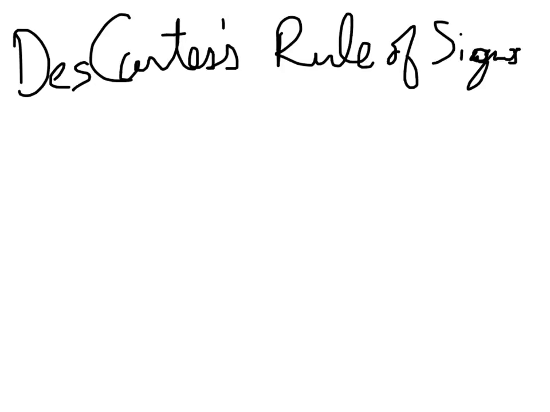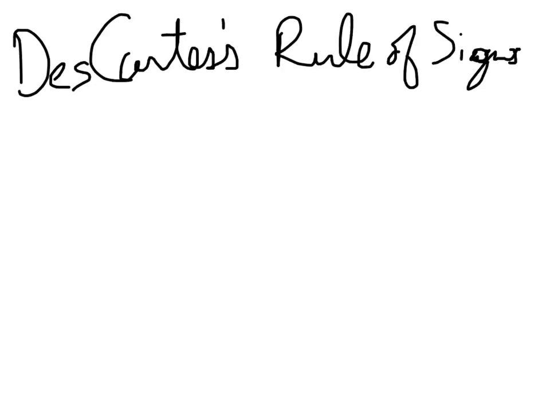He also gave us this rule of signs. What the rule of signs does is it allows us to figure out how many of each type of solution we're going to have based on how many sign changes we have. So the second half of your problems are going to say how many of each type you can expect to have. It does not say find them.